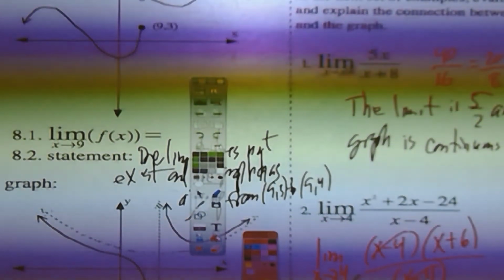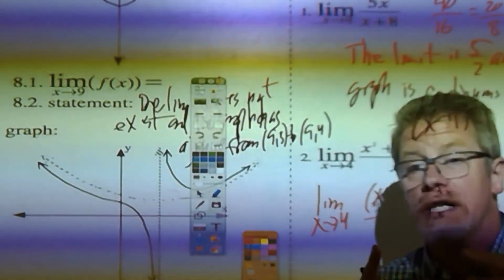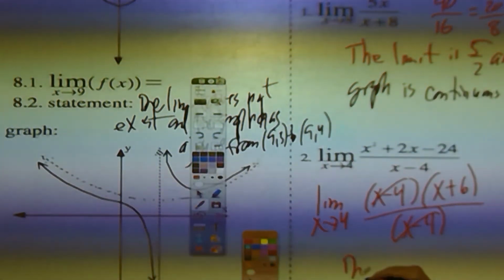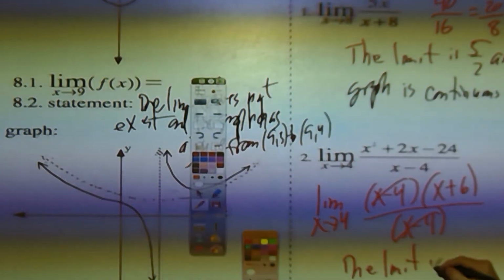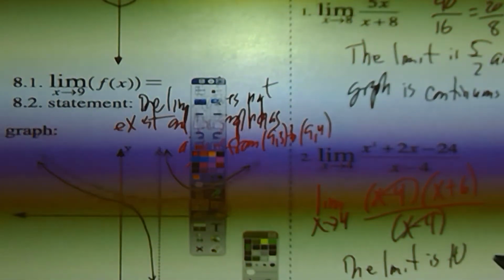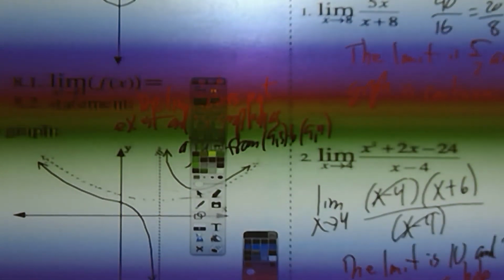But the fact that the x minus 4's cancel is a signal that the graph contains a hole whose x coordinate is 4. So we can say the limit is 10, right? Because after we cancel, we put 4 in for x, we get 10. The limit is 10. And without even taking the time to sketch the graph, we know that the graph has a hole at (4, 10).